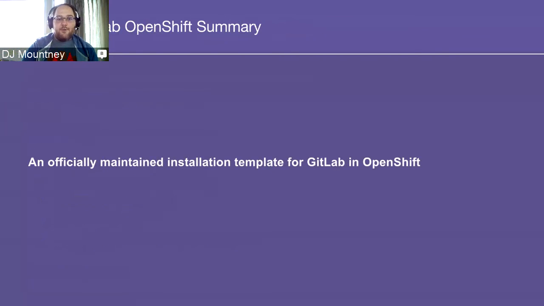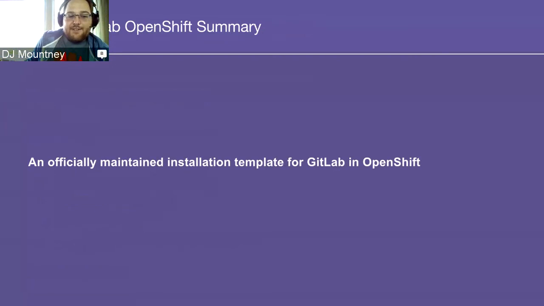So, a summary of the OpenShift install. It's an officially maintained installation template for GitLab in OpenShift. That's in addition to it being for the all-in-one VM and already in there by default. That's not really something that is exciting, but it's not really something to sell.